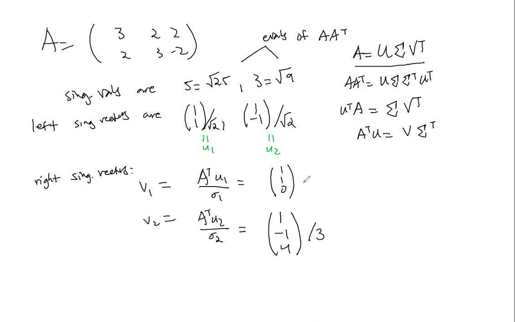Is this right? Okay. And so what we're saying is that these vectors over here are a basis for the column space of A. Is that true?